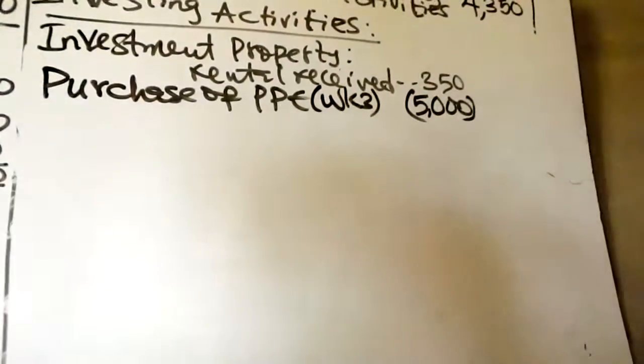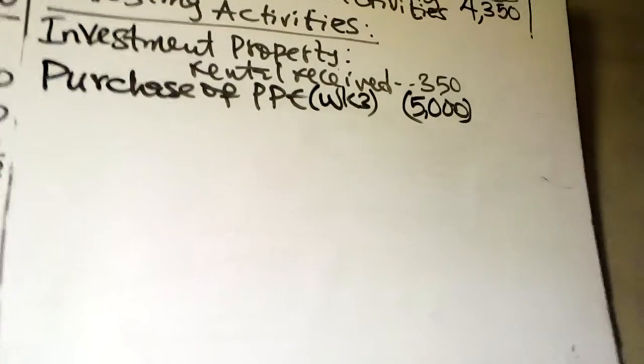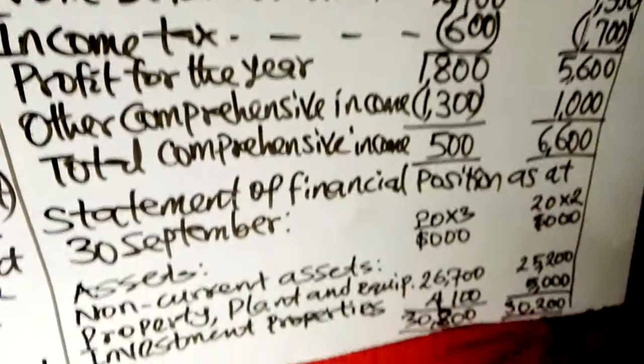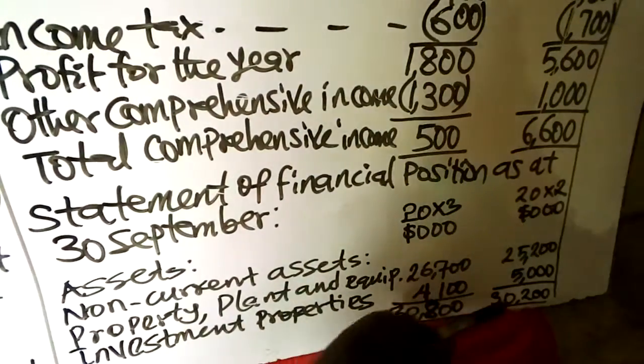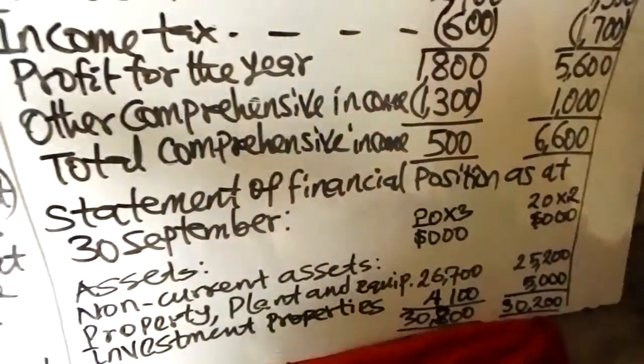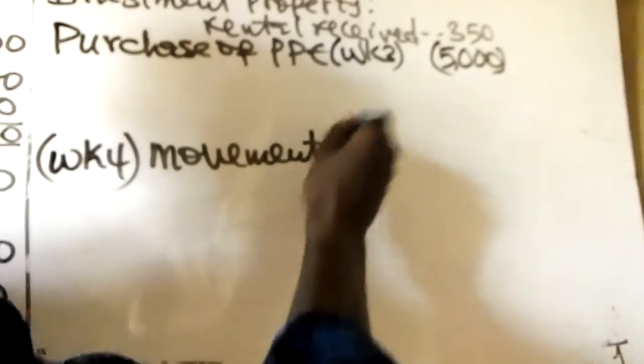Apart from PPE, you have investment property. Let me have working 4. So we have movement in investment property.